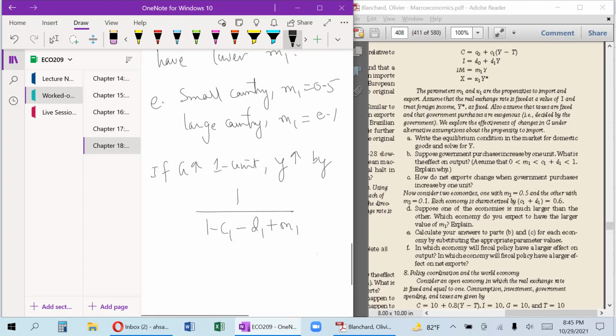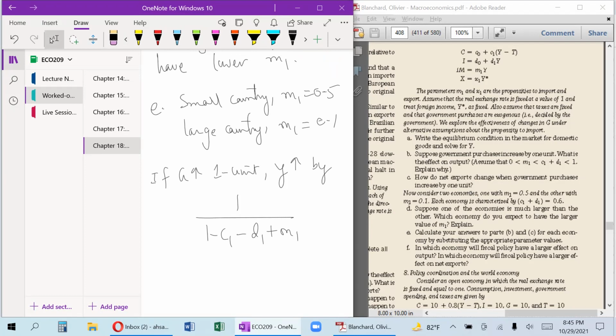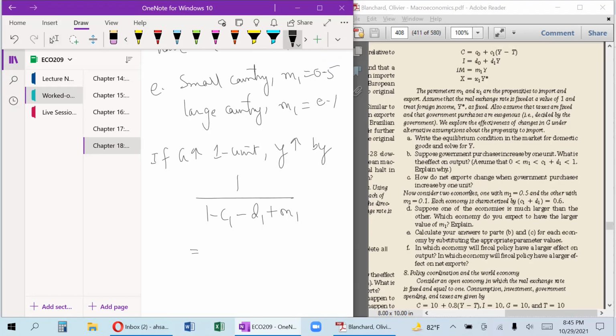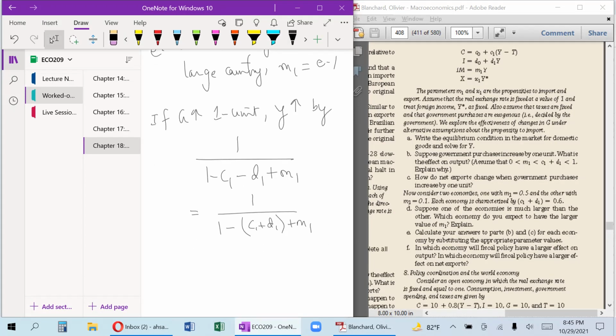Now we have to recalculate this with the values that we already have. Let me rewrite this, might simplify it for you guys a little. 1 divided by 1 minus, I'm going to put this in brackets, C1 plus D1 plus M1. Okay. Now, let's start with the small country first.